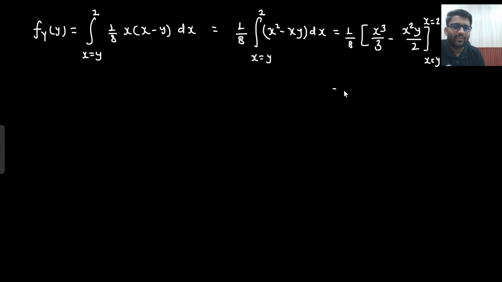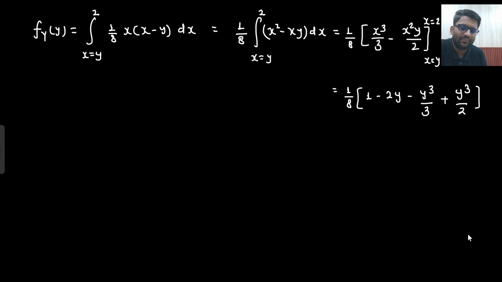Okay, this will be a complex expression. So let's write it down. Here 2 would come, so 1 minus 2y minus y cube by 3 plus y cube by 2.